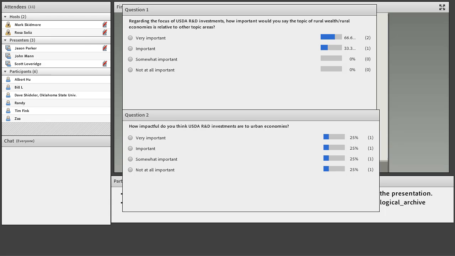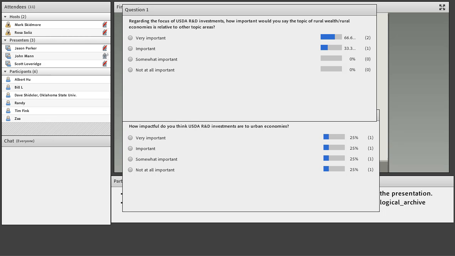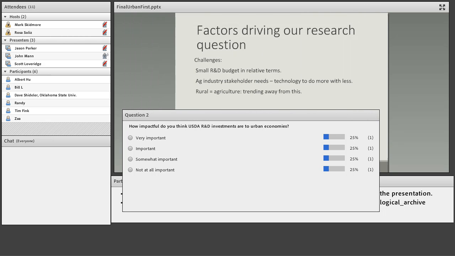With the first question, it looks like we're skewing more towards important, and with the other, it looks like the beliefs are split, and that's one of the things we'll get to towards the end of this paper. Okay, you can go ahead and hide these poll questions. Thanks for your participation.